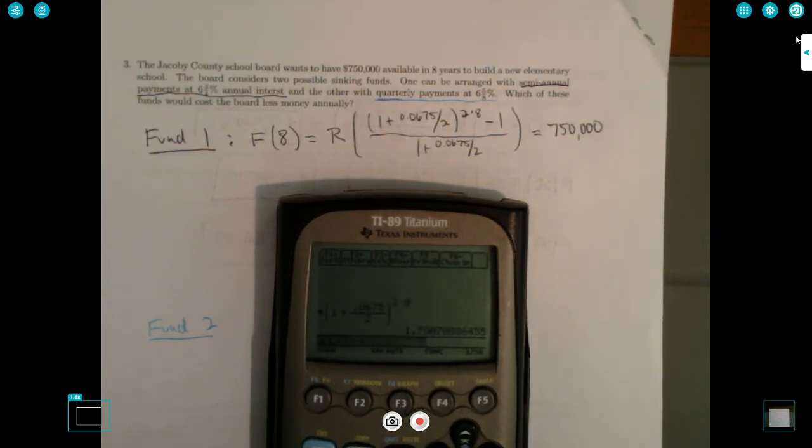Okay, then I subtract 1, and then I divide by 1 plus 0.0675 divided by 2.